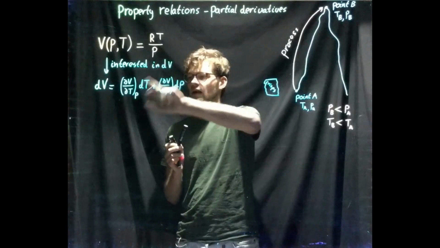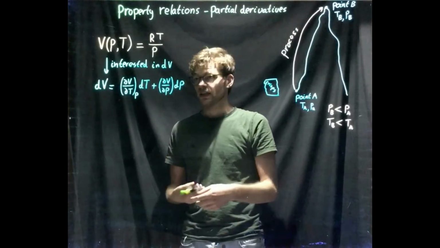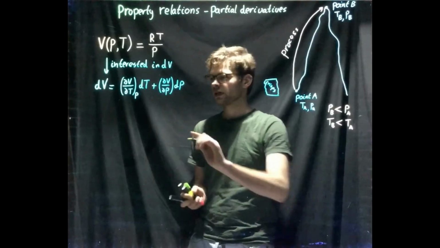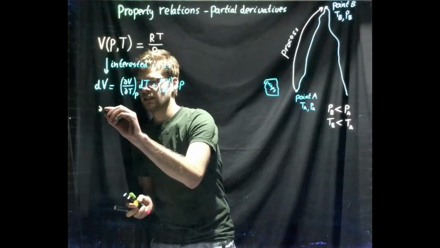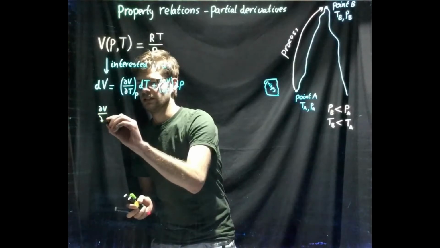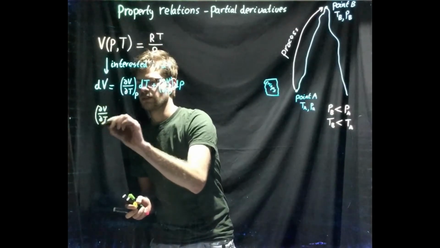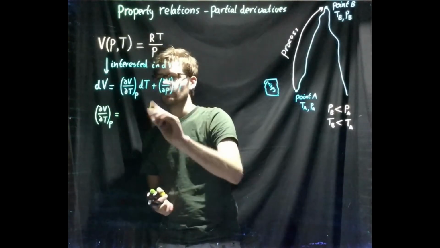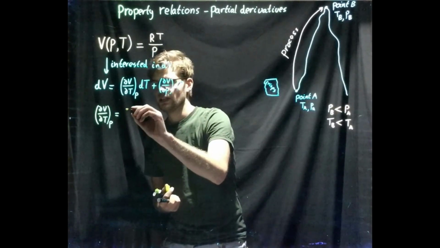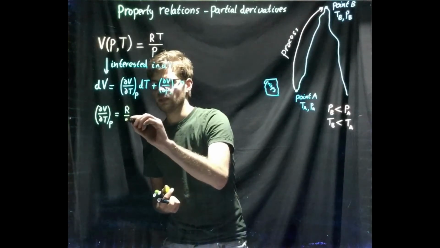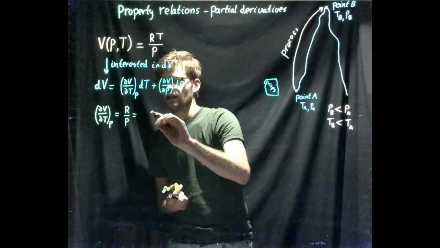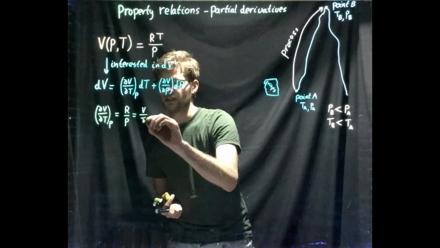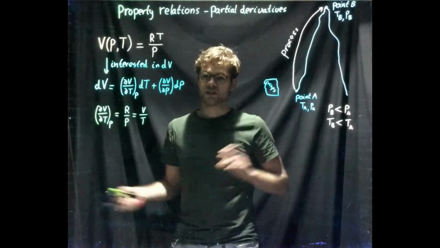Well, since we know our function of the volume, RT over P, we can actually calculate dV over dT for a fixed P, which is the derivative of the volume with respect to temperature. And this will be R over P. And it's actually the same as V over T. Use this equation and you will find out.